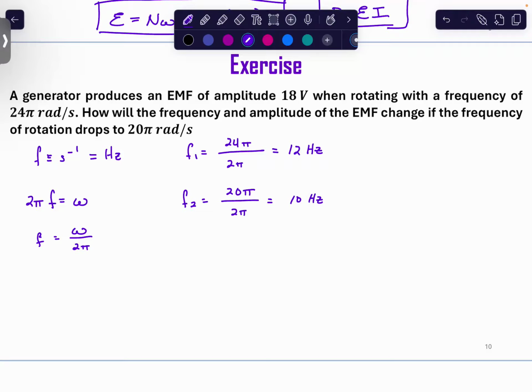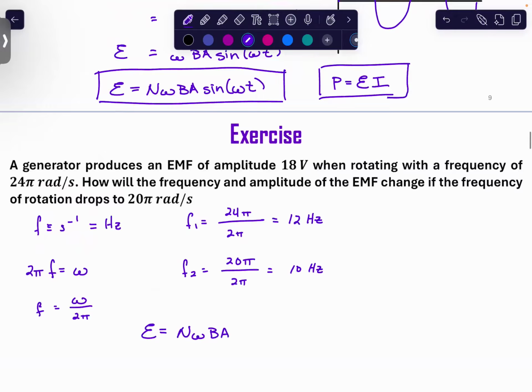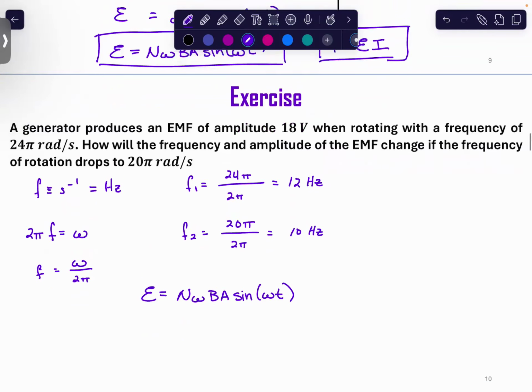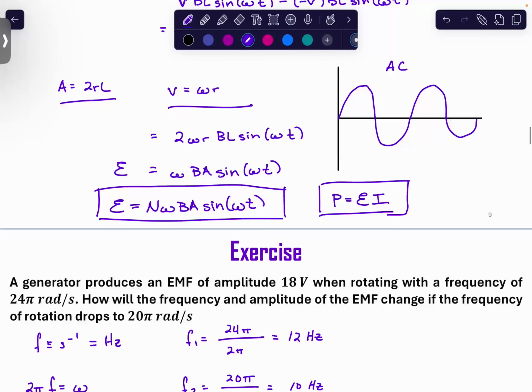So let's just start with, okay. Where is the amplitude? Look at this signal here. Where's the amplitude?